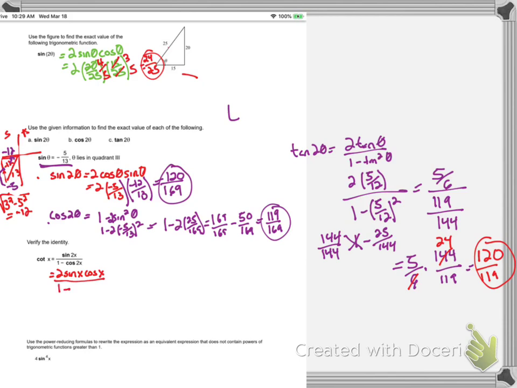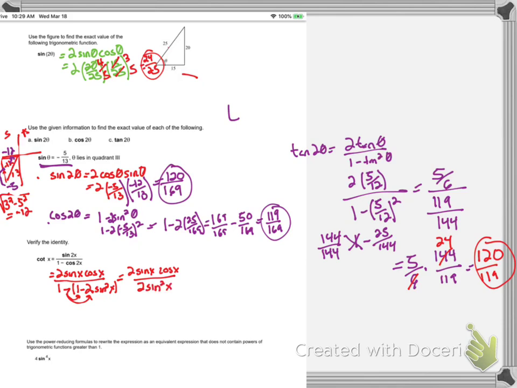And then I'm choosing to do this in terms of sine, so I chose that one as 1 minus 2 sine squared x. Remember with that negative, it's got to go to both of them. So here I have 2 sine x cosine x all over 1 minus 1. That goes away, and then that makes that 2 sine squared x.